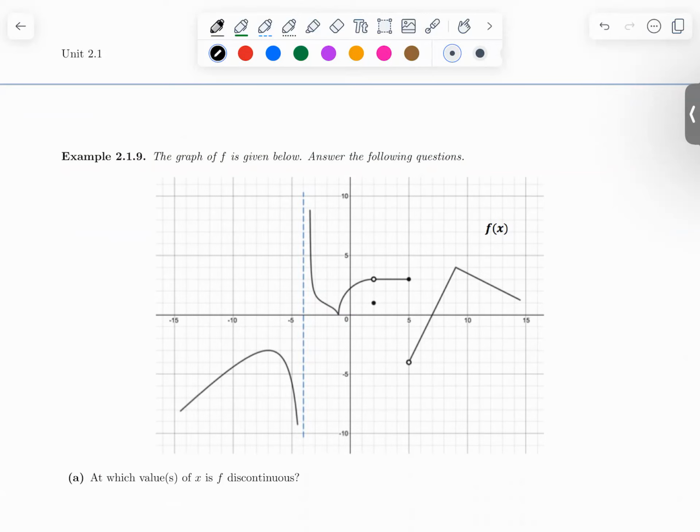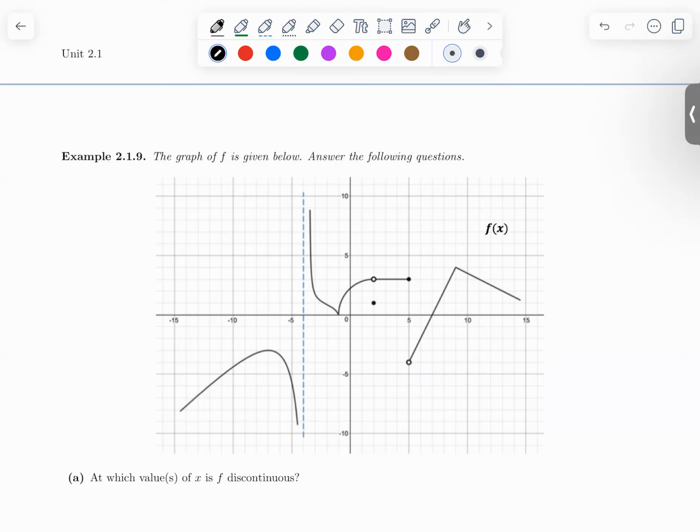So this is the function f. And at which values is f discontinuous? That's a 1.5 question, but just to give us a little more practice, since the final exam is cumulative, let's go through it. We're looking for jump discontinuities, removable discontinuities, and infinite discontinuities.